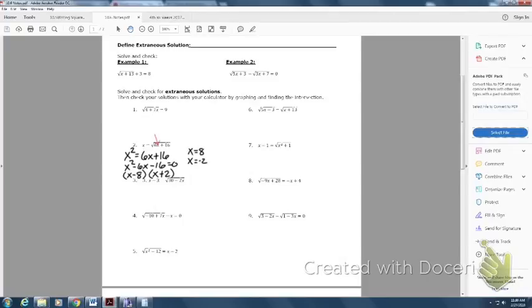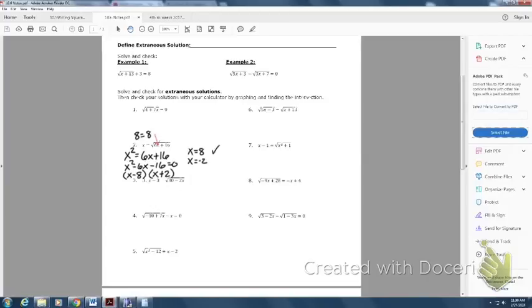If she plugs 8 in for x here, what should this equal? 8, because all that's over here is x, and she's putting 8 in for x. Okay, so to check it, you put the values that you have, 8, in for both x's to see if this gives you a true statement. What did the right side give you? 8. So whenever she plugged 8 in for x, it gave her 8. And so 8 is true.